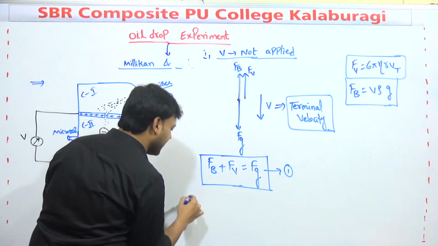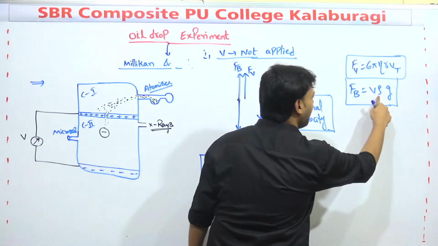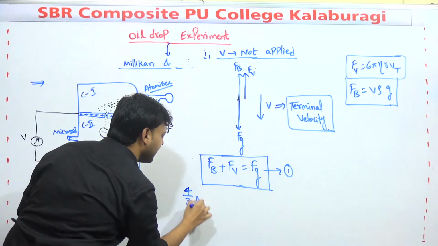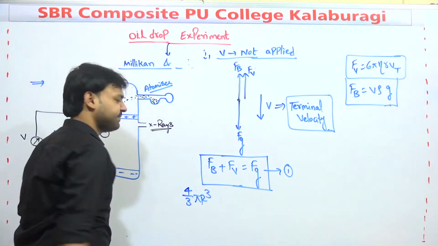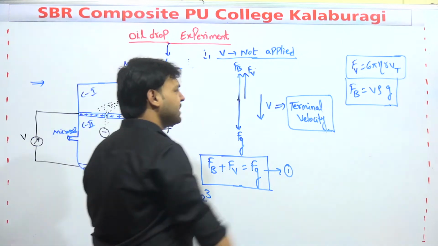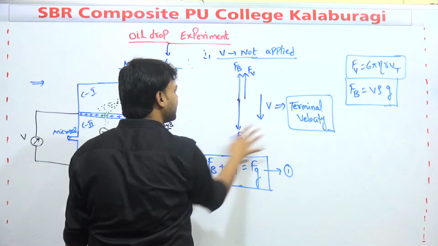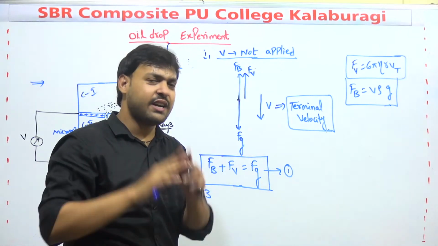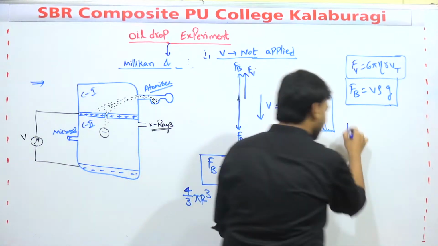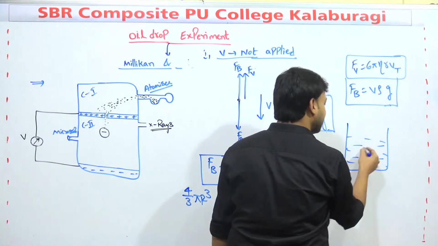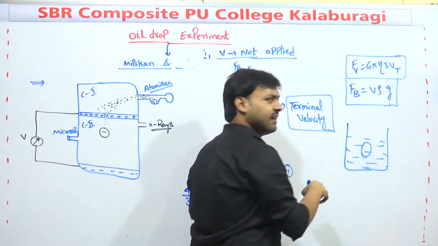So now, buoyancy force. Tell me what I can write. V, rho and G. What is V? Volume of the drop, 4 by 3 pi r cube. And what is rho? Do we have to see the density of the drop or the density of the surrounding? Try to understand the buoyancy force. Consider a container with liquid and consider any substance inside.